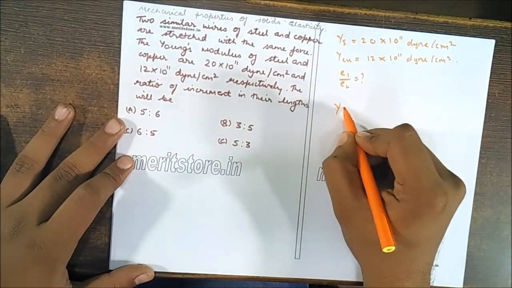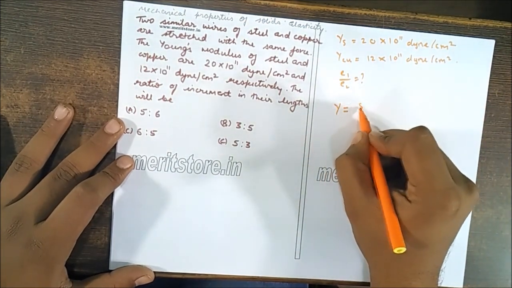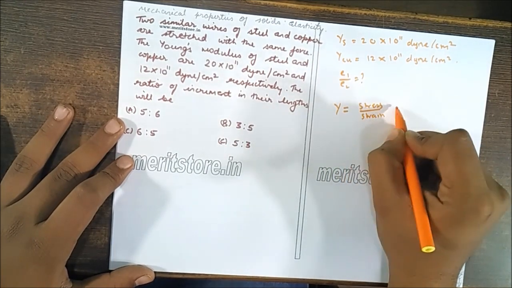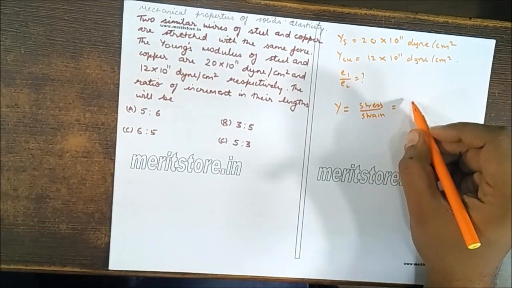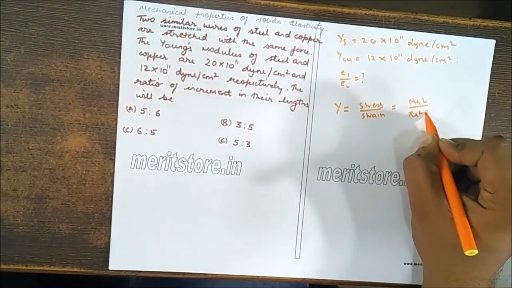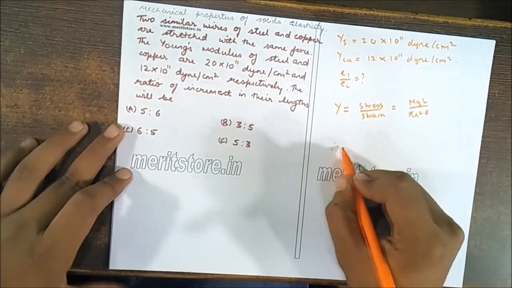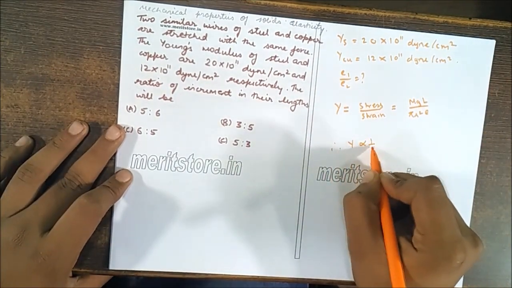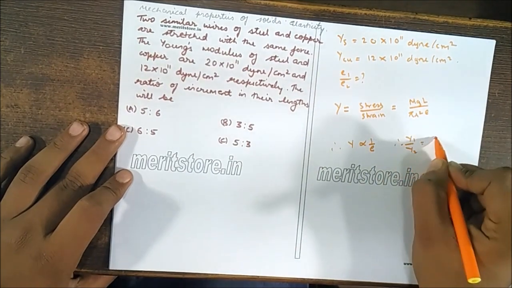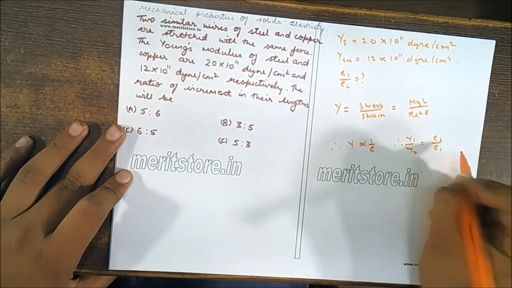Now we know the formula of Young's modulus. Young's modulus is equal to stress upon strain, that is longitudinal stress upon longitudinal strain, which is Mgl upon pi r square e. Therefore from here we get Y is inversely proportional to e. Therefore Y1 upon Y2 is equal to e2 upon e1.